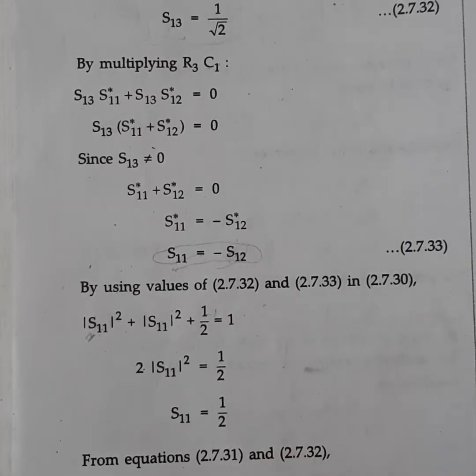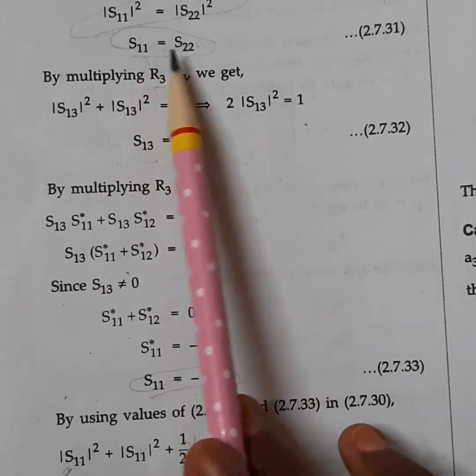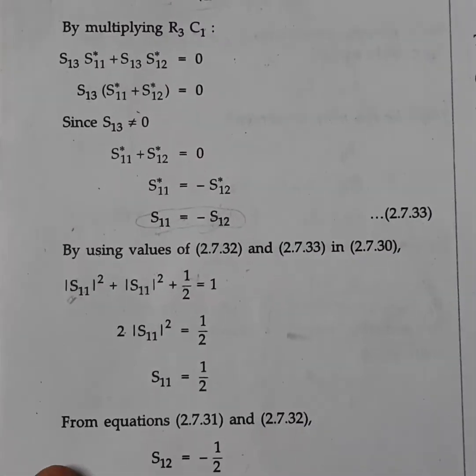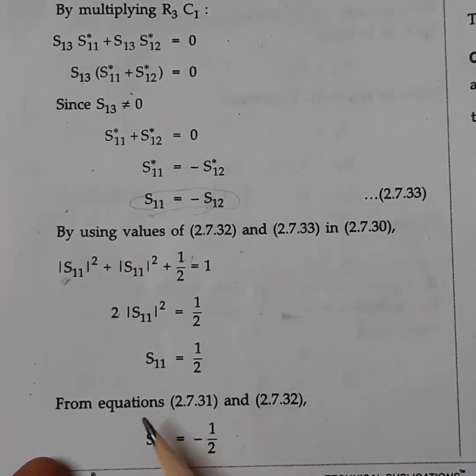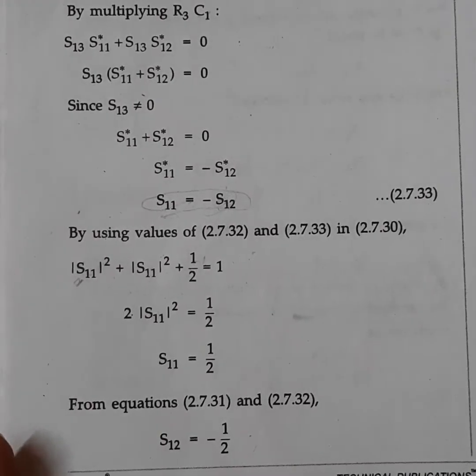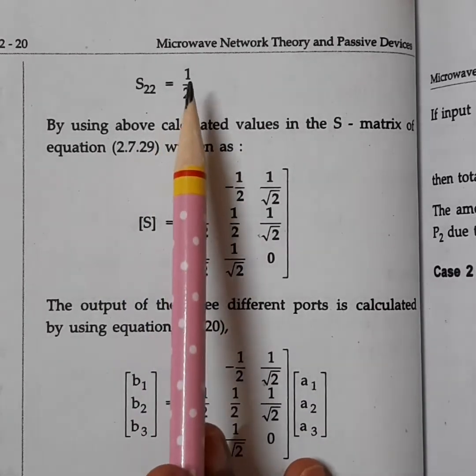So from these equations, S11 is equal to S22, and S13 is equal to 1 by root 2. So S12 becomes equal to minus 1 by 2 and S22 becomes equal to 1 by 2.